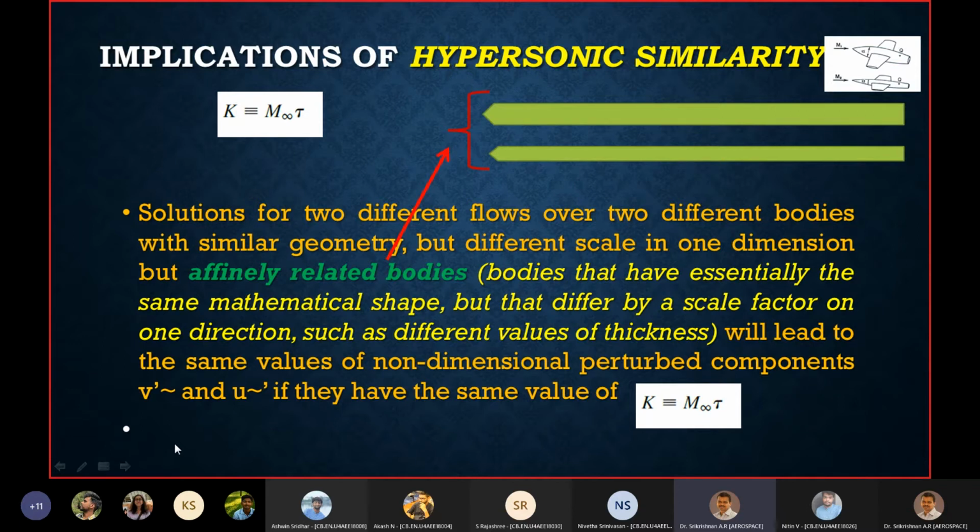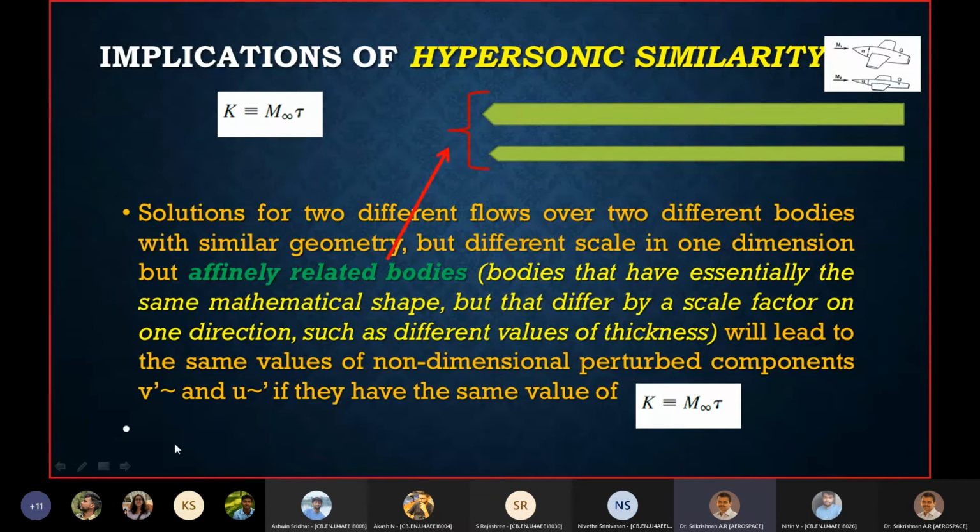Okay. So what we are saying is, I am just now going to read from the text. Solutions for two different flows over two different bodies with similar geometry but different scale in one dimension, which is what we call affinely related bodies, will lead to the same values of non-dimensional perturbed components.